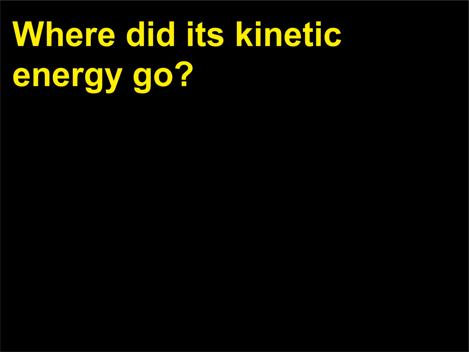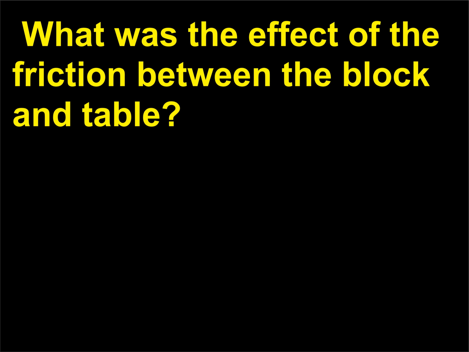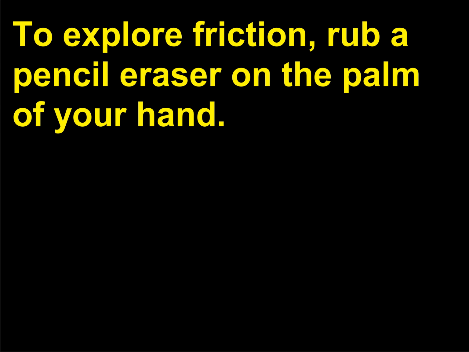Where did its kinetic energy go? What was the effect of the friction between the block and table? To explore friction, rub a pencil eraser on the palm of your hand.